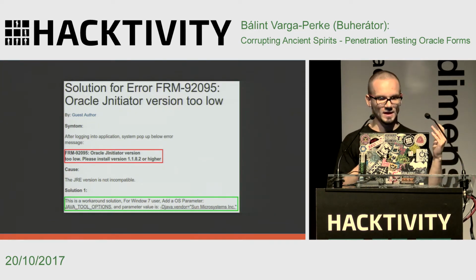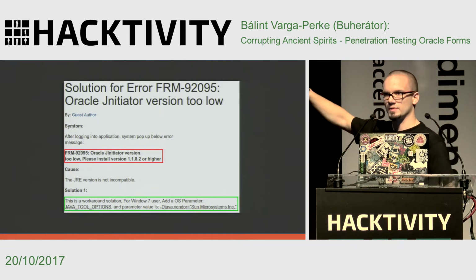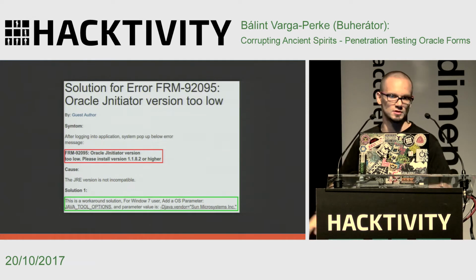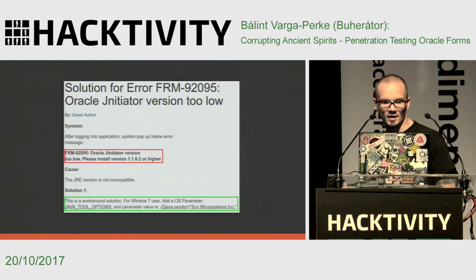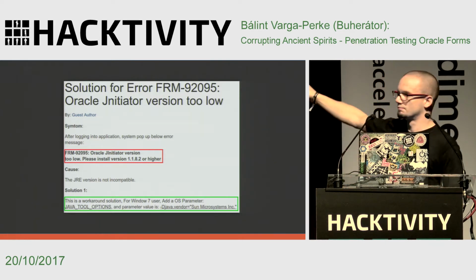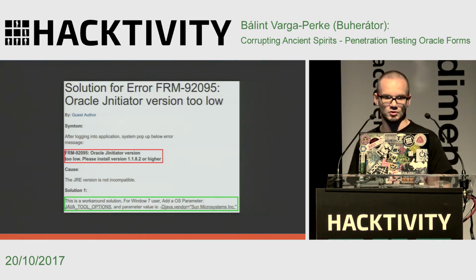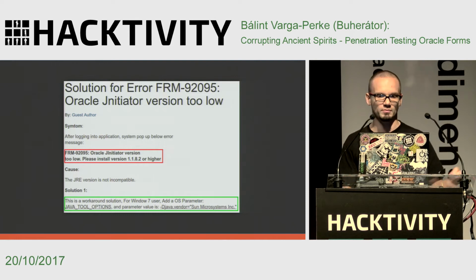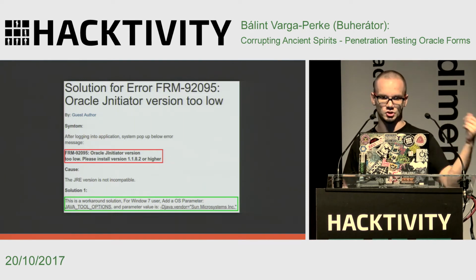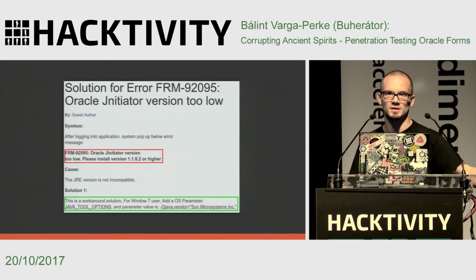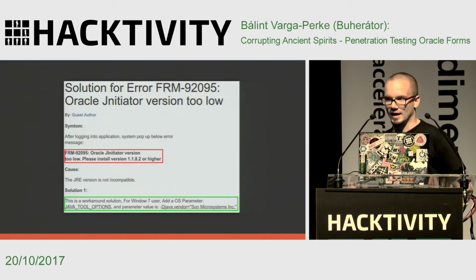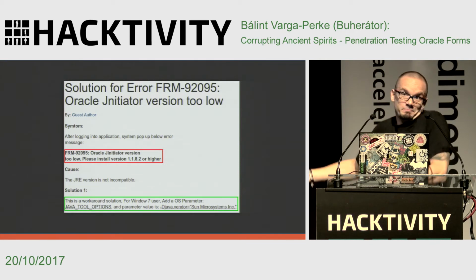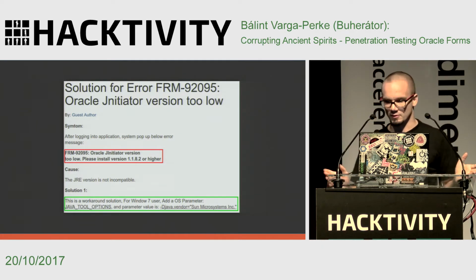Well, as it turns out, this error message has nothing to do with the real cause of the error, so you can play with JInitiator on your installation, but it won't help. What does help, bracketed in green, is that you have to set an environment variable that tells Java that it's still produced by Sun Microsystems. And then everything works. Don't ask me why.